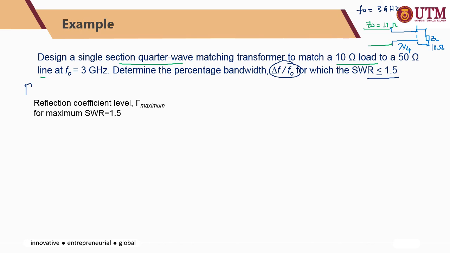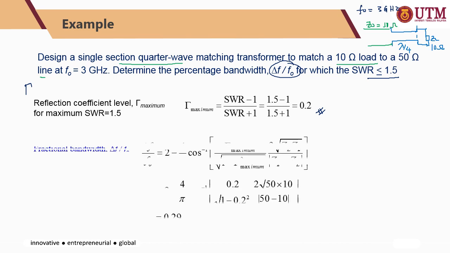Assuming that the system is using the maximum SWR of 1.5, the maximum reflection coefficient can be calculated by SWR minus 1 divided by SWR plus 1. So the maximum reflection coefficient is 0.2. Then you can use this value to calculate the bandwidth.